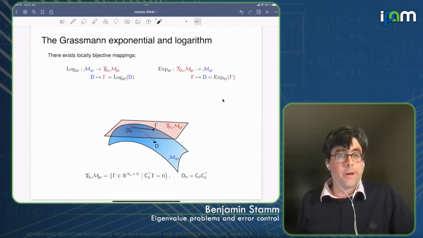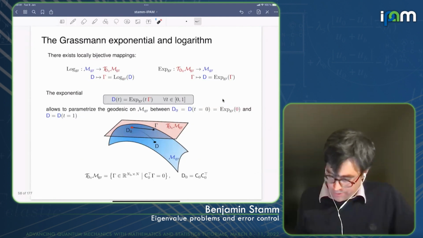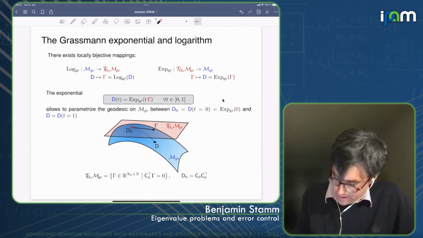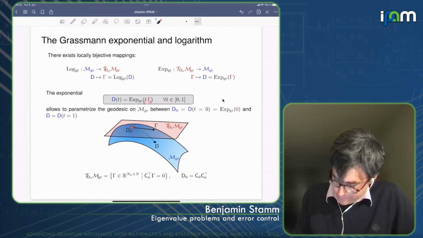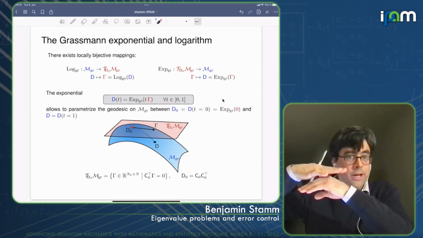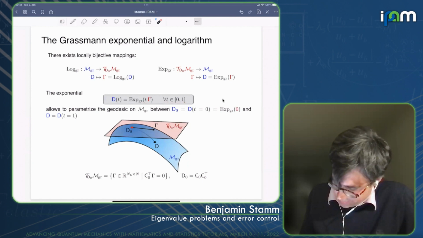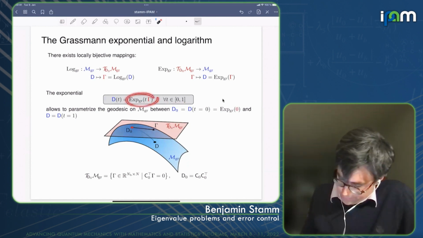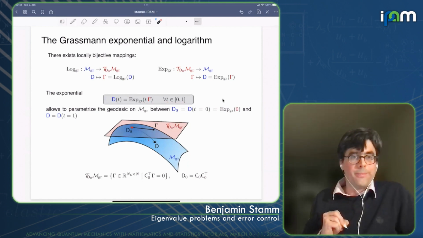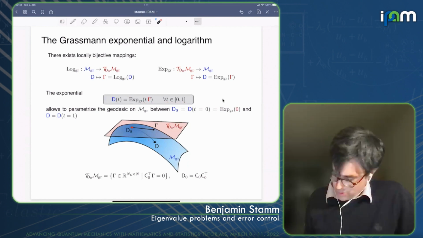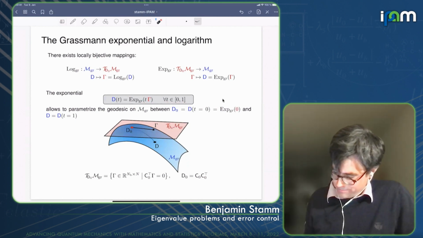A very nice feature is that if you take a t that goes from 0 to 1, then 0 times gamma is the point where you build the tangent space, and t equals 1 is here. As t increases, you go here. If you take the exponential function here, it parameterizes the geodesic linking D with D0. I find this beautiful.